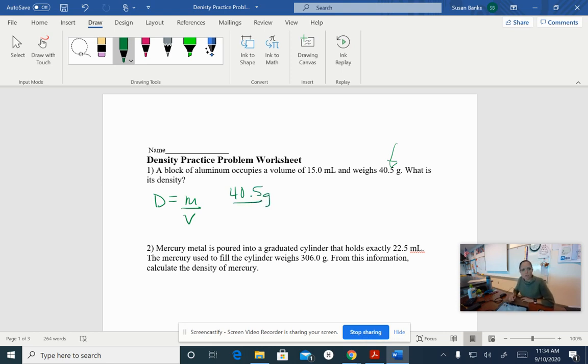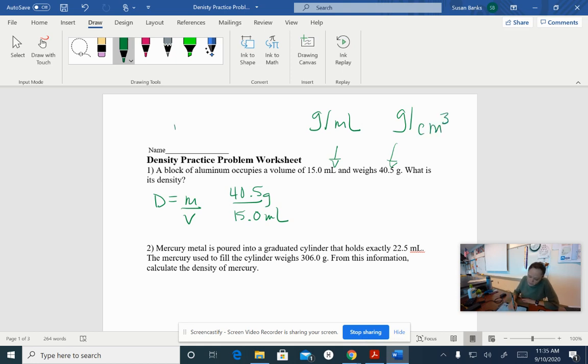And volume is always in some form of a liter. And here we're using milliliters. So we're going to have 15.0 milliliters. Now, there are two main units of density that we use in chemistry, if you haven't already noticed. We will usually put things in grams per mil, or we will use grams per centimeter cubed.